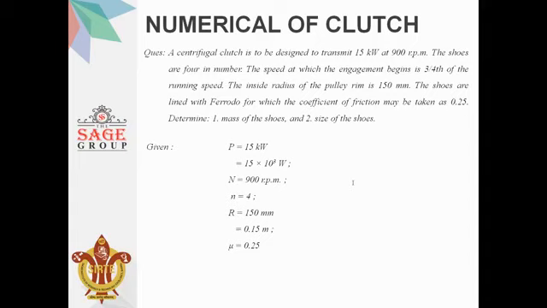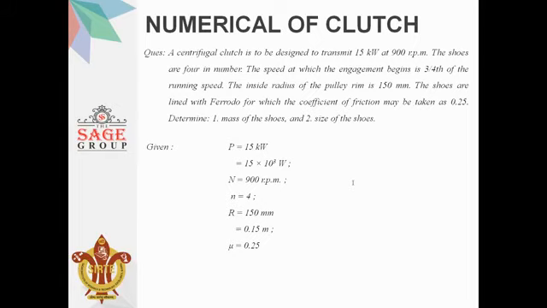Now, let's see what is given over here. From the numerical, the power is given, P is equal to 15 kilowatt, which we have converted into watts, so 15 into 10 to the power 3 watts. The number of shoes is given as 4, so N is equal to 4. The speed is 900 rpm. The inside radius of the pulley rim is 150 mm, so this is equal to 0.15 meter, and the coefficient of friction is 0.25.